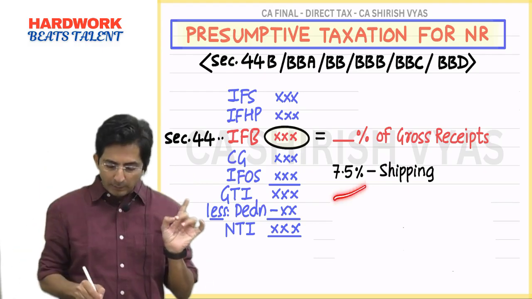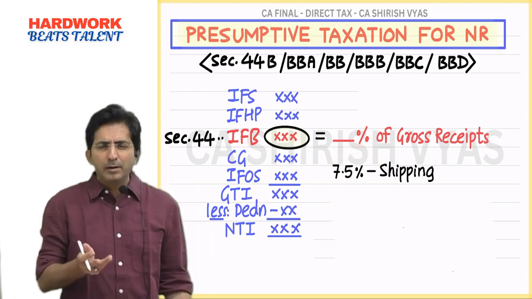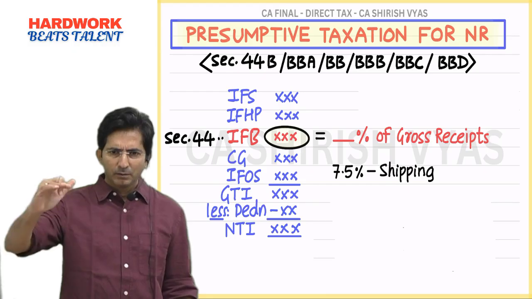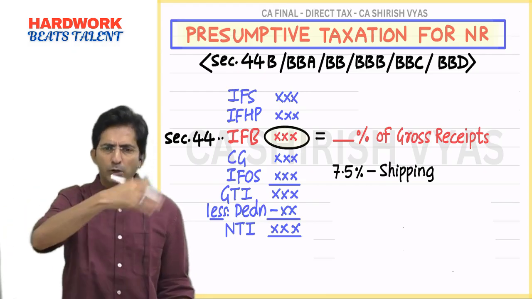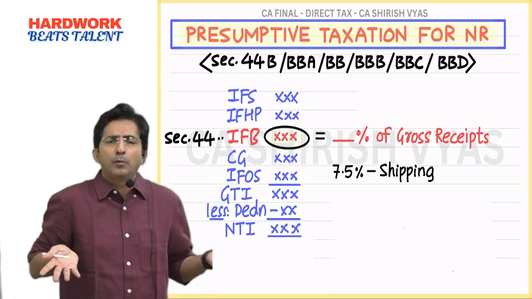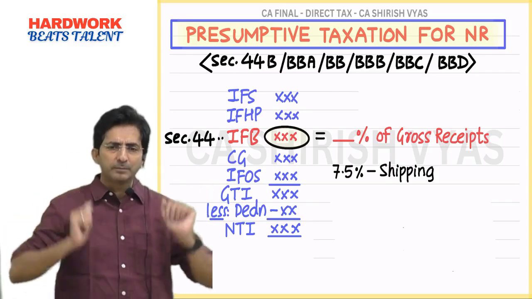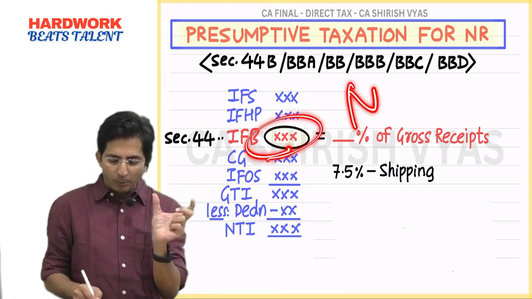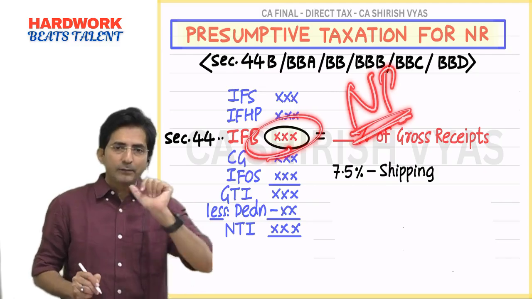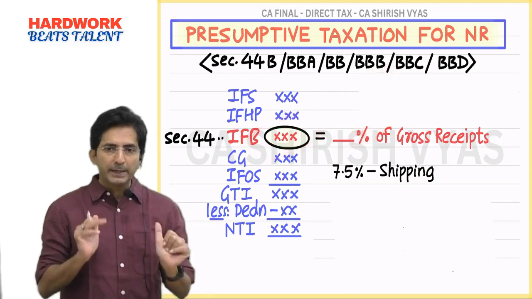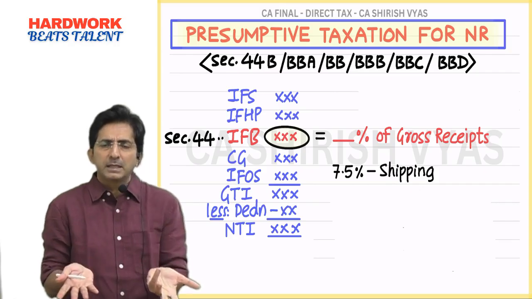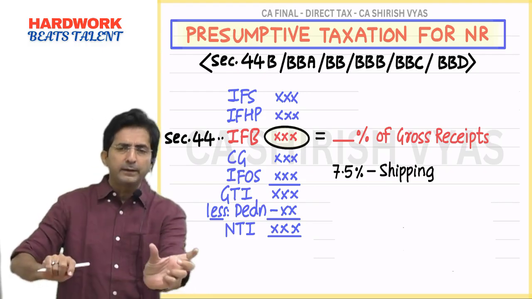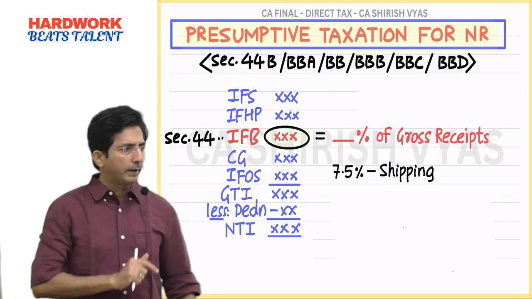Of that, calculate 7.5%. It means we think that from whatever freight we have charged for transporting their cargo from Mumbai to Australia, 92.5% will become your expenditure. PGBP tax is on net profit, and net means net of expense. In every business there is expenditure, so we presume the expenditure is 92.5, and after cutting it, your net profit is 7.5.